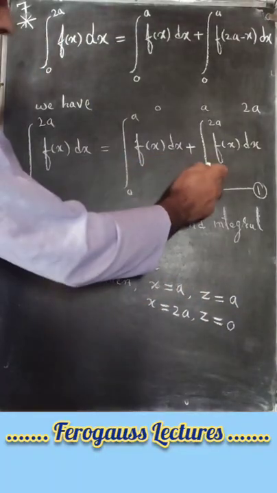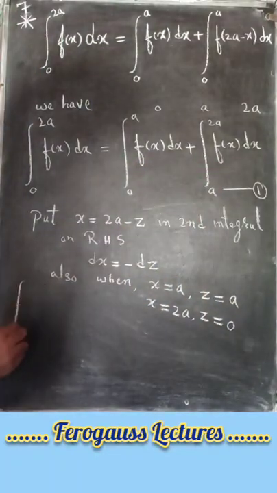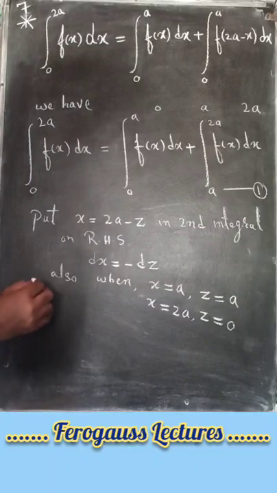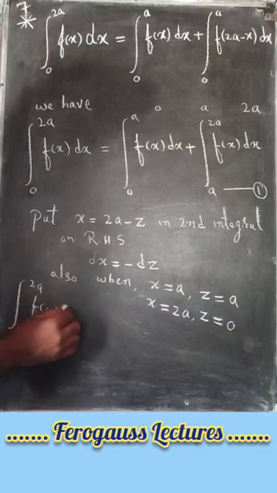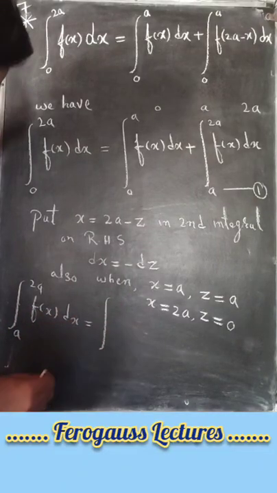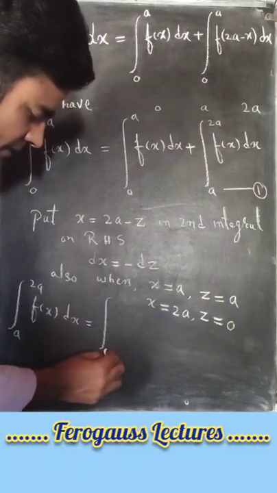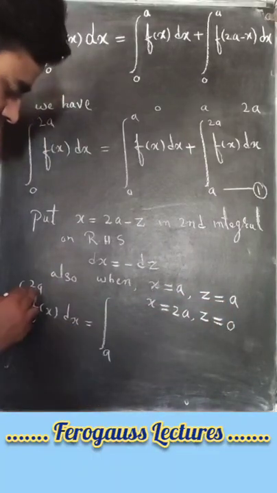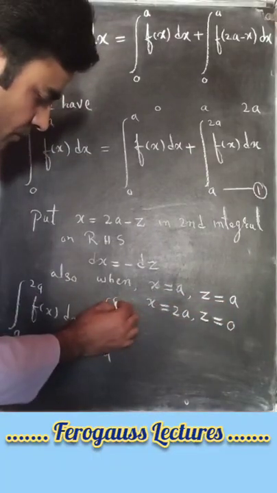Thus we can write this integral a to 2a of f(x) dx equal to integral, when x is a, z is a, when x is 2a, z is 0.